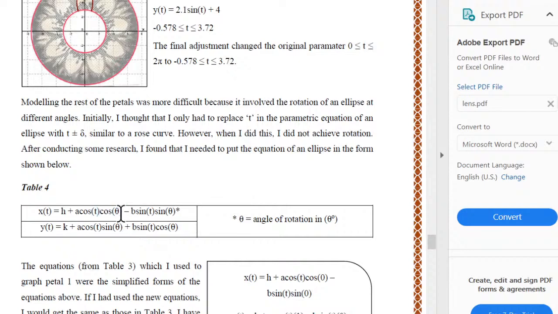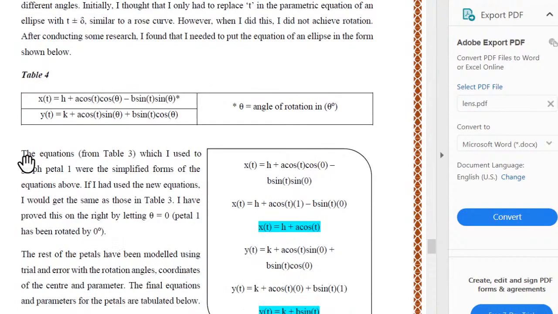Equations, which I used in graphing petals, are simplified forms of the equations above. I use the new equations. I will get the same as those in table 3. Prove this on the right by letting theta equal 0. Petal 1 has been rotated by 0 degrees.